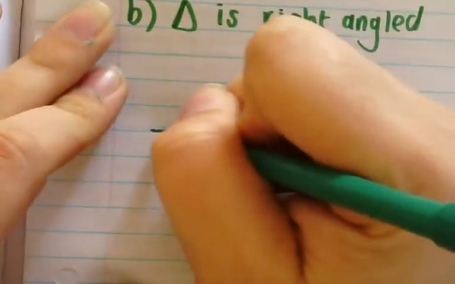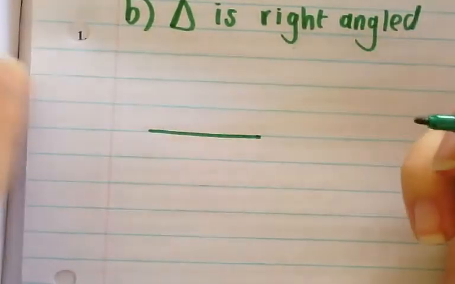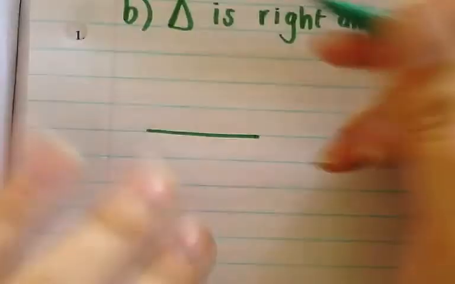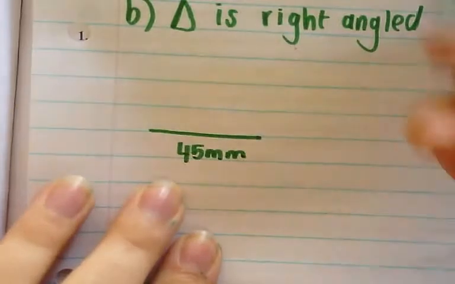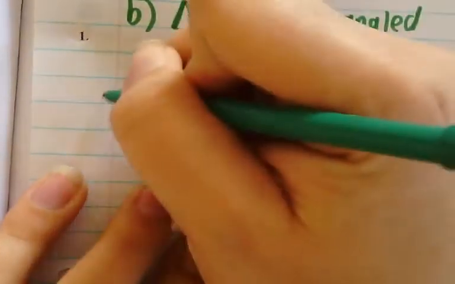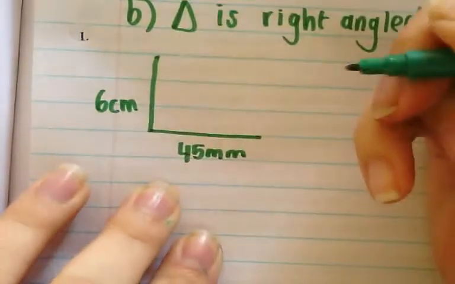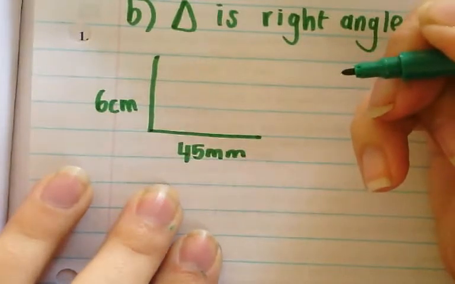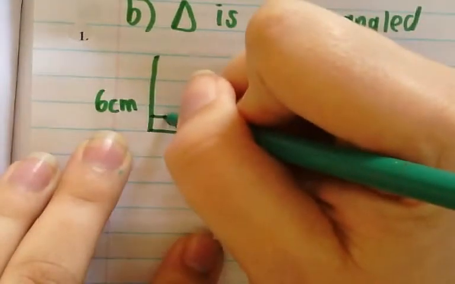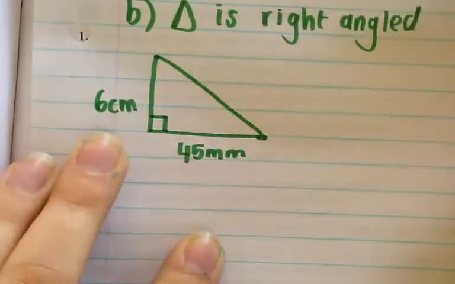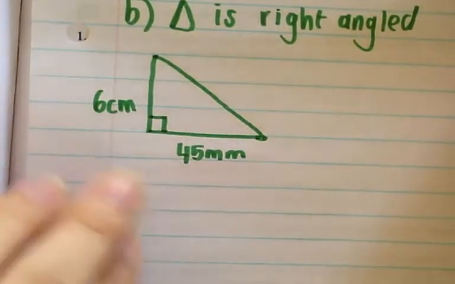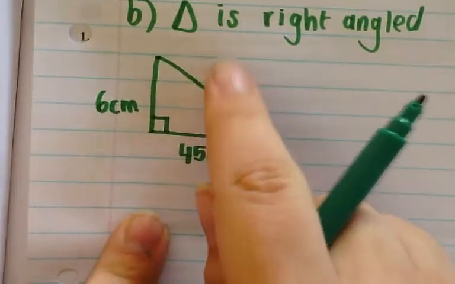Therefore, if I have a base of, what did they say, 45 millimeters and a height of 6 centimeters, remember the base and height form the 90 degree. So there's my triangle.